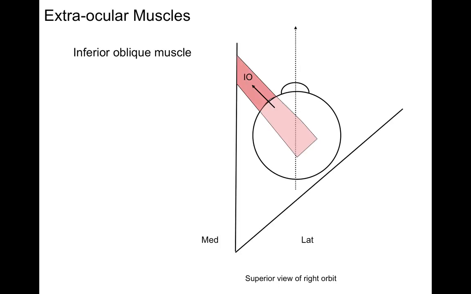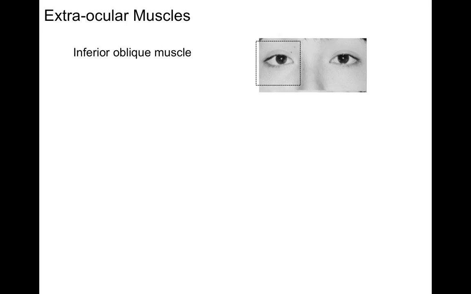Whereas our inferior oblique, in this picture, you can see this more solid part of the inferior oblique is darker than its insertion on the bottom of the eyeball, which we have outlined dotted and pink to show we're looking through the top of the eyeball to the bottom of the orbit. When this muscle contracts, because of its oblique orientation, it causes the eye to look up and out. Therefore, the action of the inferior oblique is up and out.